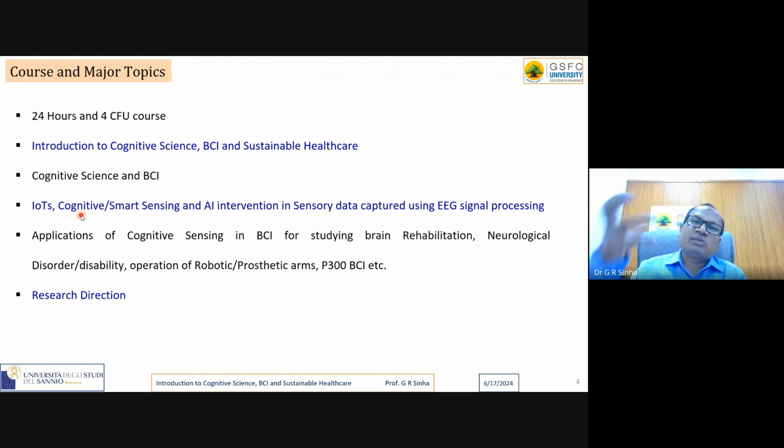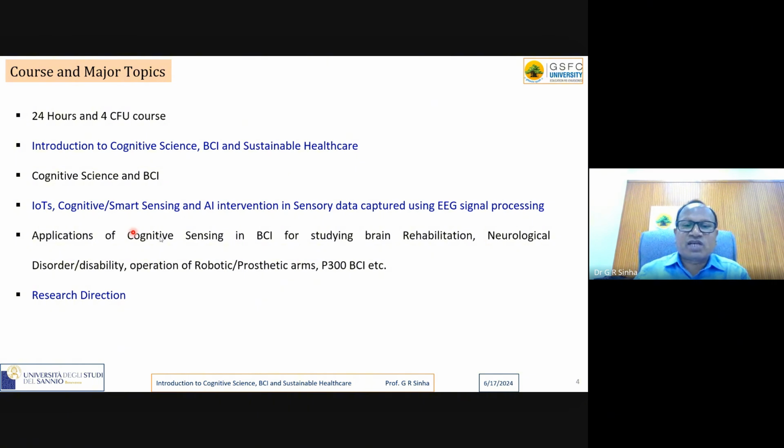So you will get a huge amount of data, and whenever there is a huge amount of data, we need to apply AI models, machine learning models, to understand and interpret the data, so that meaningful information can be derived and used for certain applications.